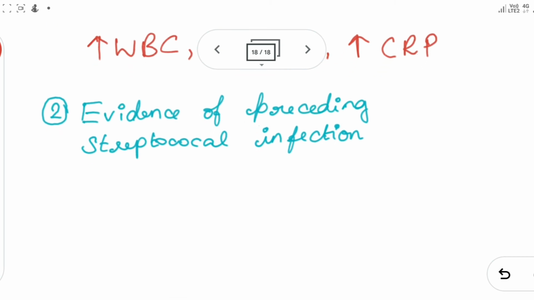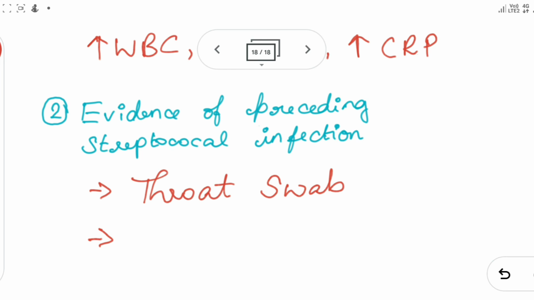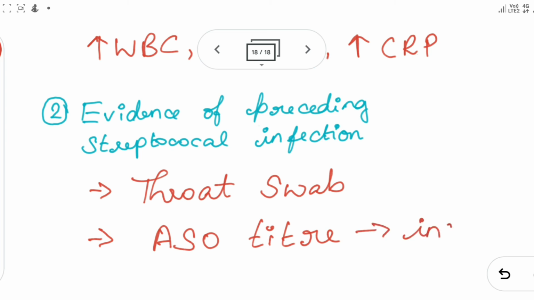The second one is evidence of a preceding streptococcal infection. The first one is a throat swab which contains group A beta hemolytic streptococci, and the second one is an ASO titer, which is the anti-streptolysin O titer, which is commonly increased.